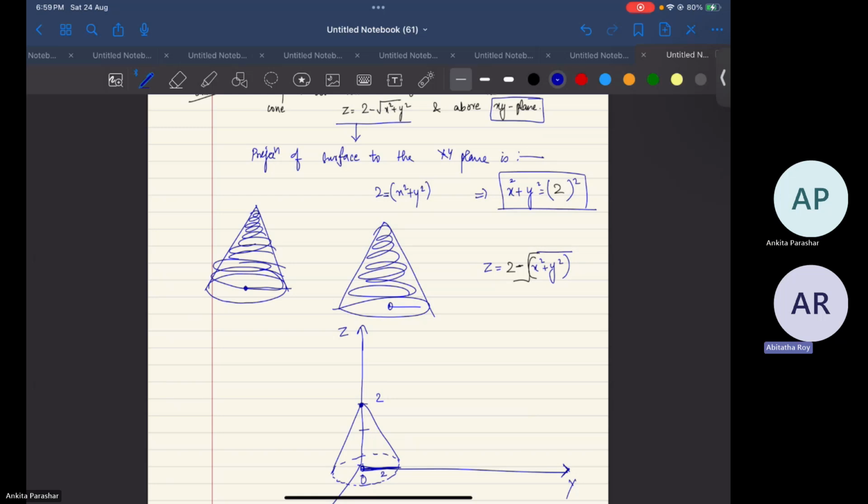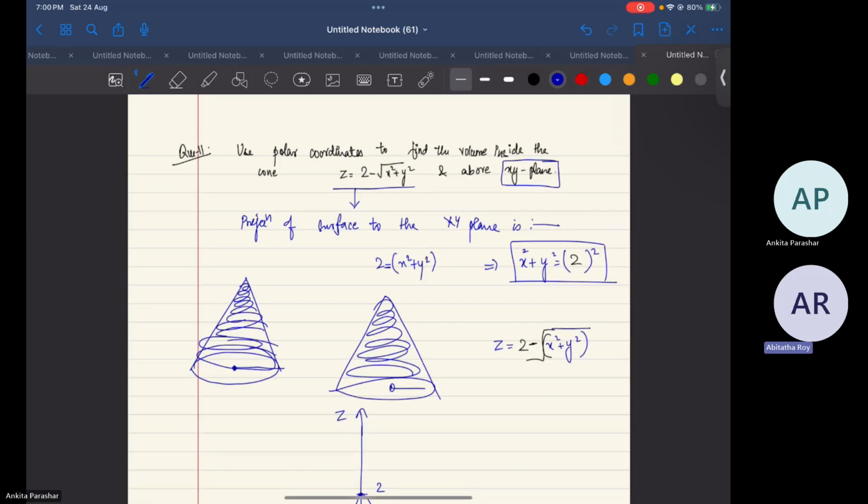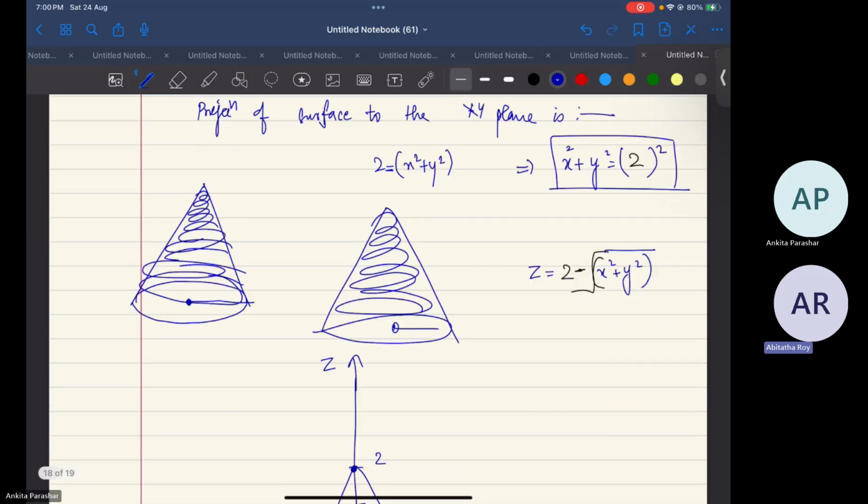That means if we try to find its projection on the plane, we won't get an exact value. Is this what you want to say? Then if we try to substitute z equal to 0, we would find something undefined.